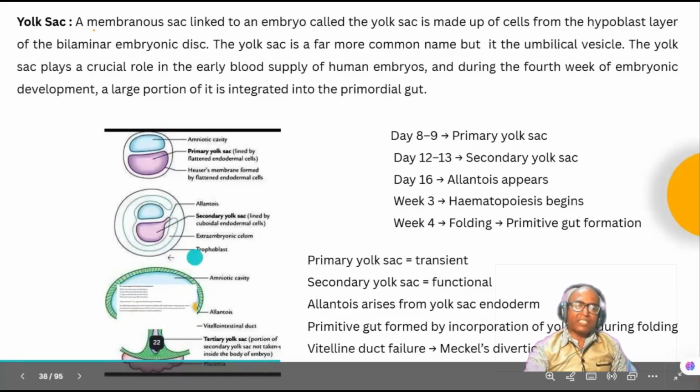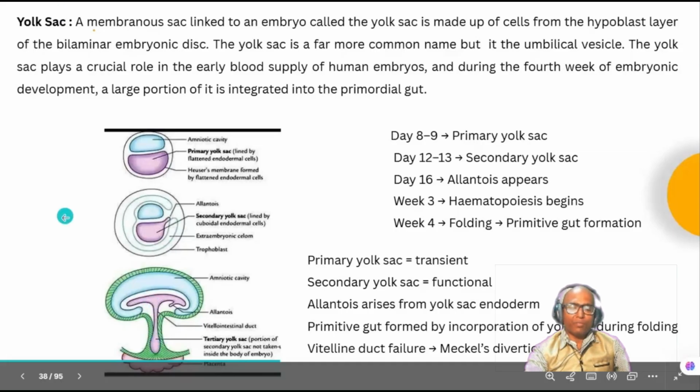Only the part which gets invaginated into the developing embryo forms the primitive gut, while the rest of the yolk sac does not take part in the formation of the embryo.